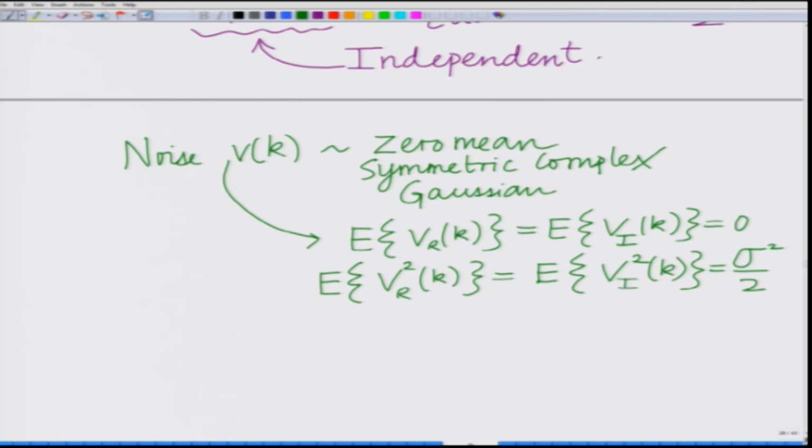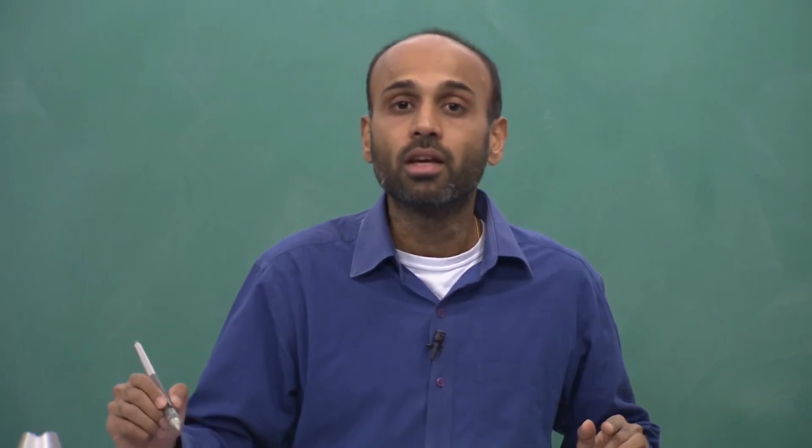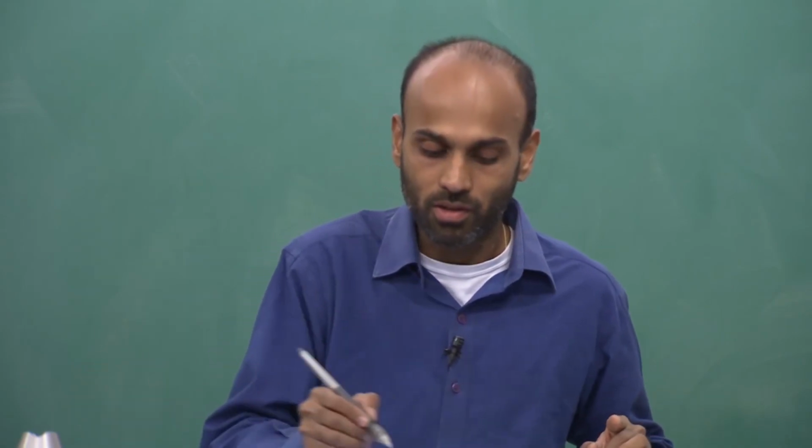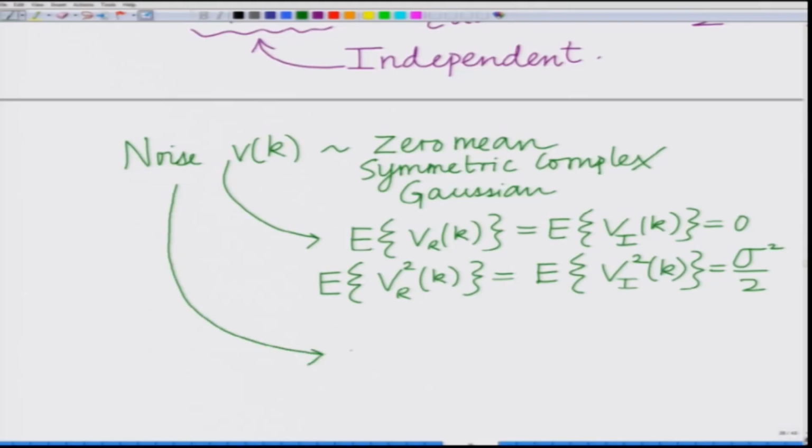So, the noise is also a symmetric complex Gaussian, with zero mean. This can be represented as complex Gaussian, zero mean, variance sigma square.